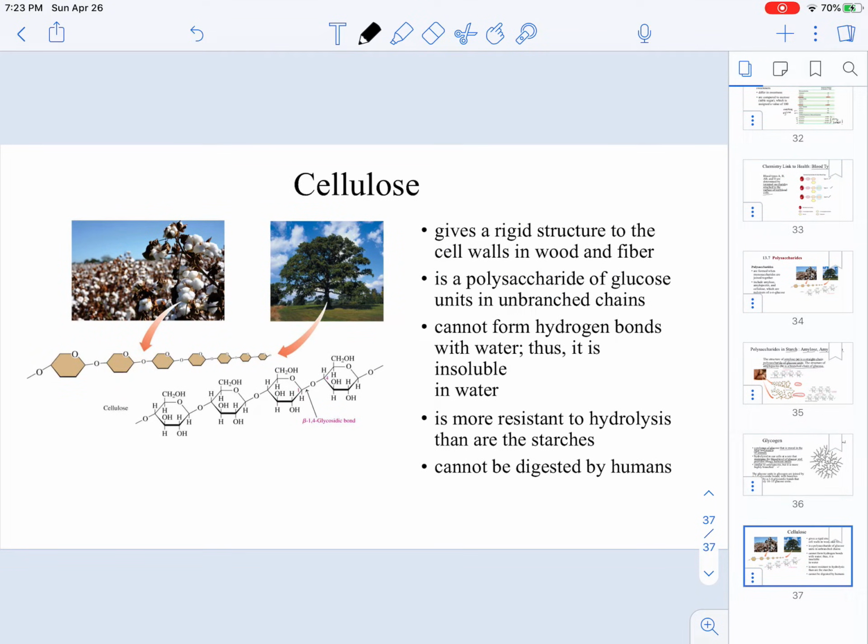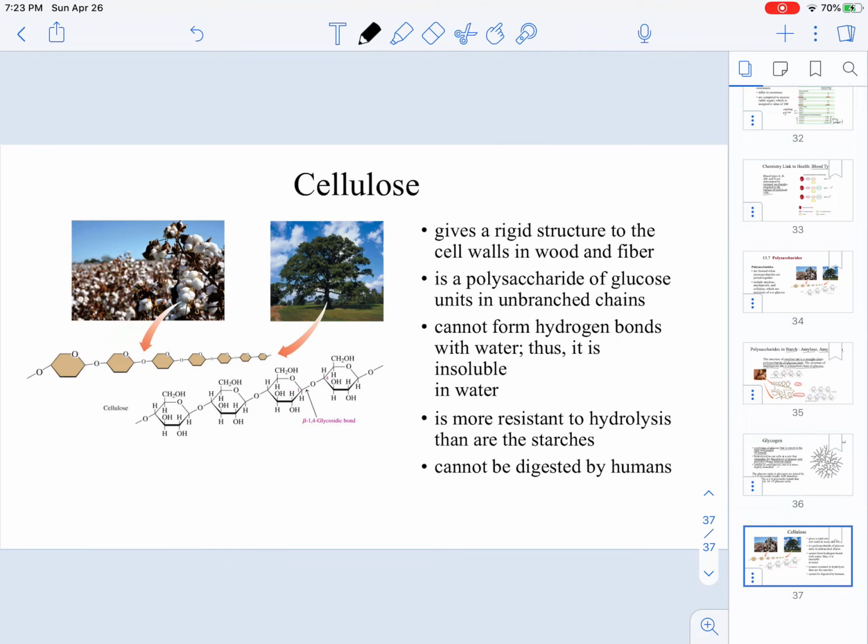The last polysaccharide that we're going to talk about is cellulose. Understand that cellulose is what gives the rigid structure to cell walls in, for example, products like wood and fiber. Now, this polysaccharide, even though it contains glucose, is unbranched.